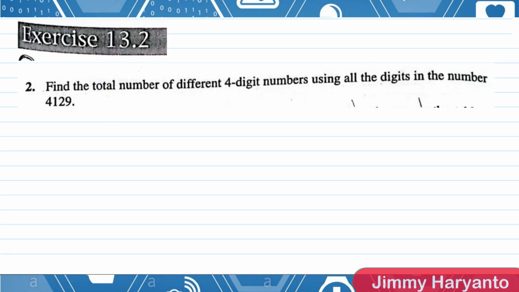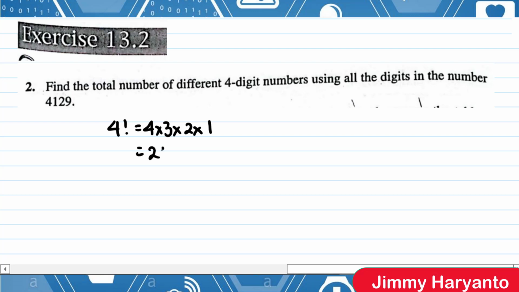Next is find the total number of different 4-digit numbers using all the digits in the number 4, 1 to 9. So we want to arrange these 4 numbers one by one. That means 4 factorial equals 4 times 3 times 2 times 1, and the answer is 24 ways.